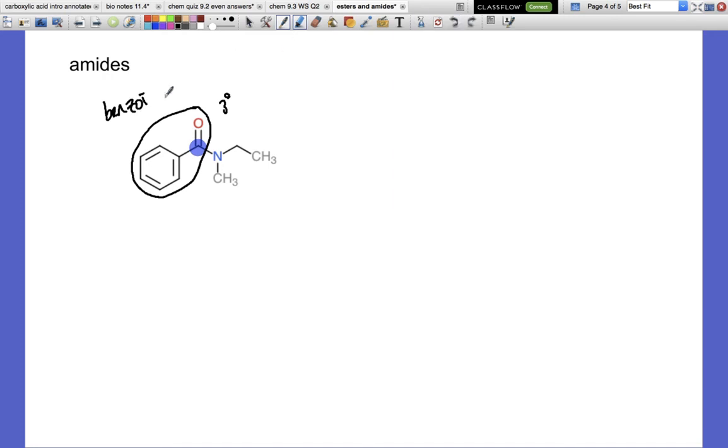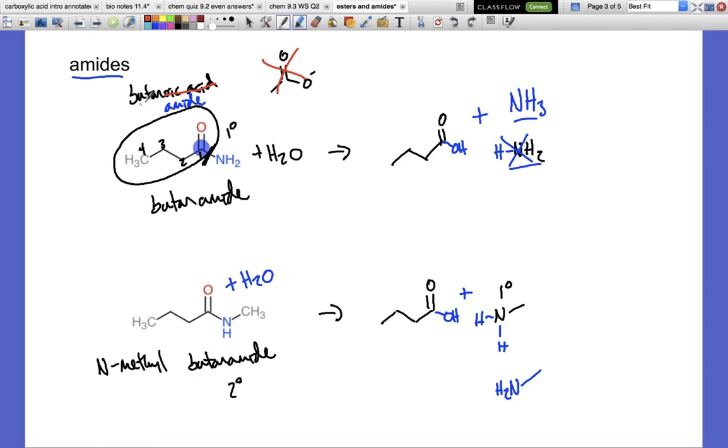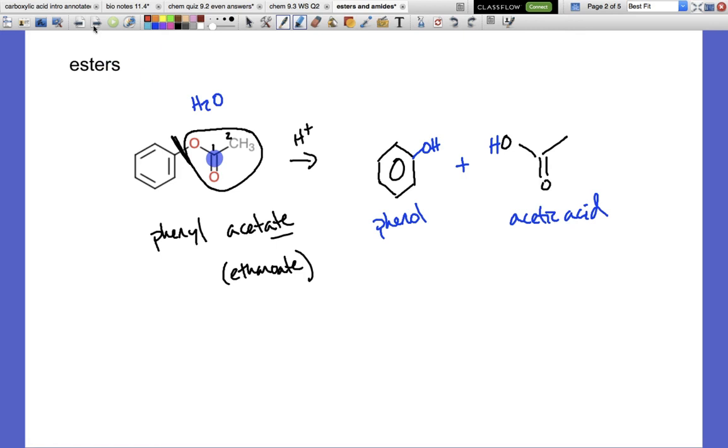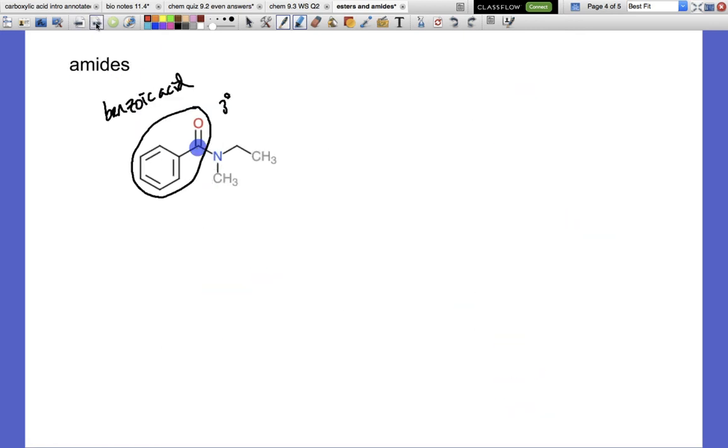Before, I am going to change that name to give this amide a name, but it's a little bit different, although it's actually kind of the same. See how we dropped the oic acid and add amide? I'm going to do the same thing here. I'm going to drop the oic acid and add amide to the end. This will be called a benzamide, or at least that's the base for my name.